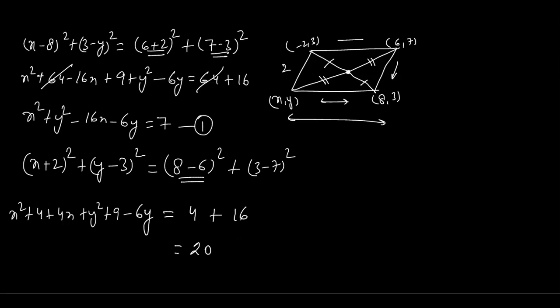You can simply cut this 4 with 4. So now you will get x square plus y square, and then 4x, and then minus 6y, and 4 plus 9 is actually 13, and when 13 goes to that side, it will again become 7.